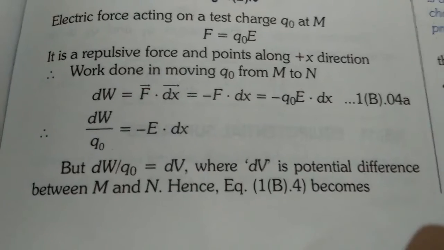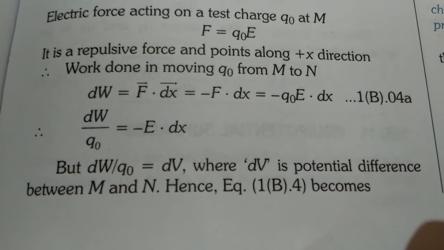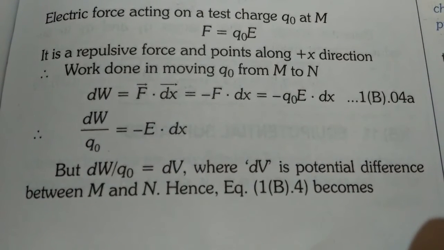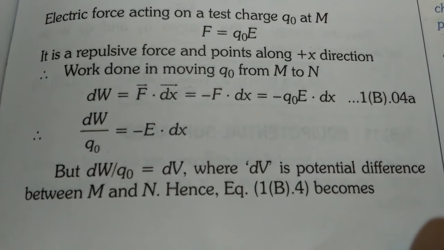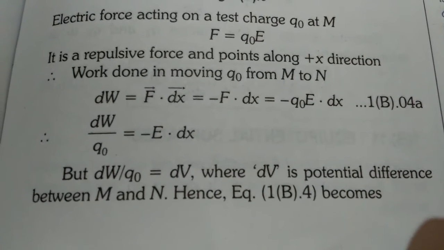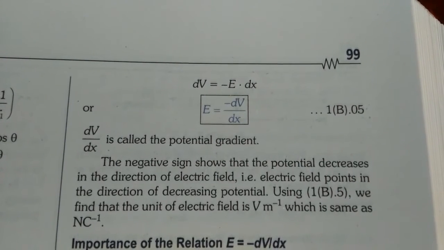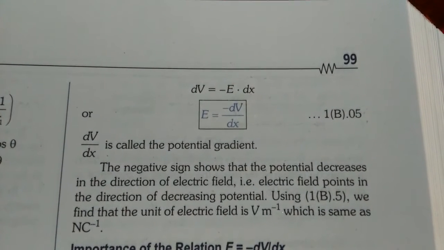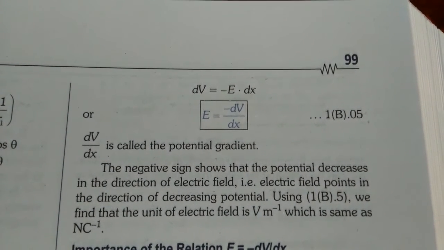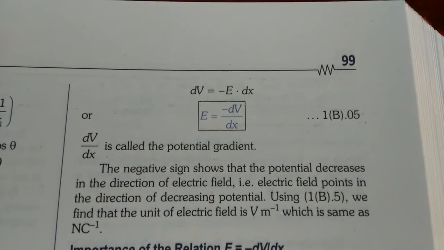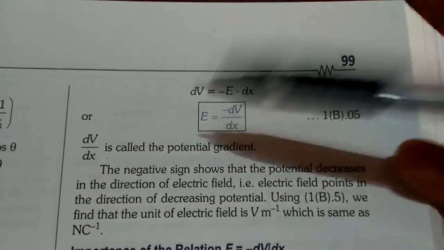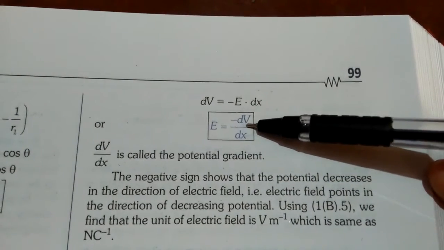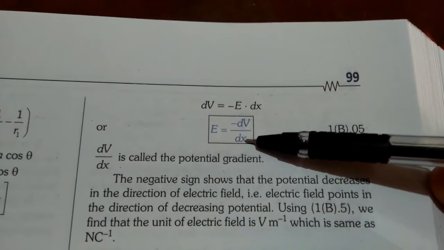But we know that dW upon Q naught equals dV, where dV is the potential difference between M and N. So this equation becomes dV equals minus E dx, or we can write E equals minus dV upon dx, where dV upon dx is called the potential gradient. So the electric field equals the change in potential with distance.